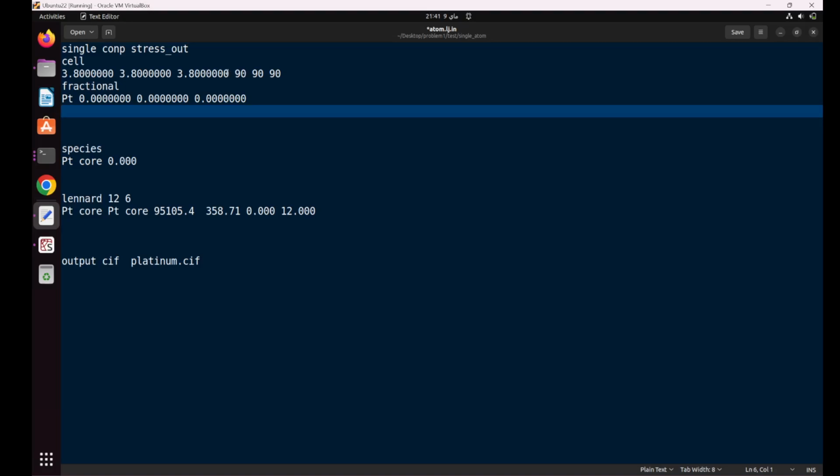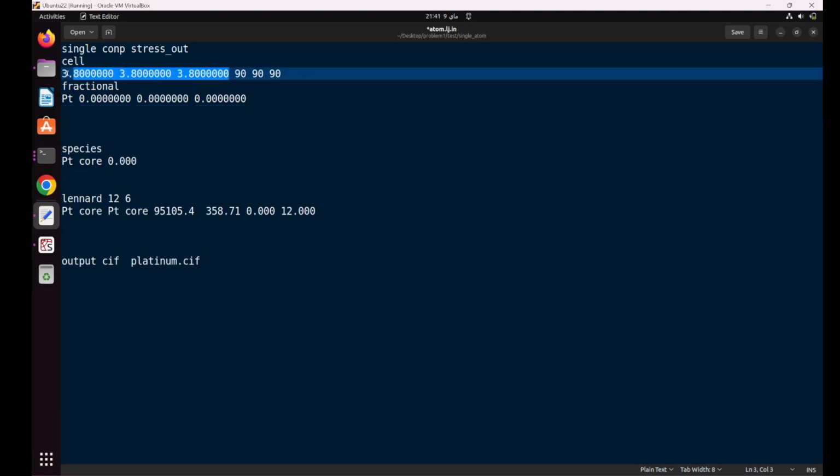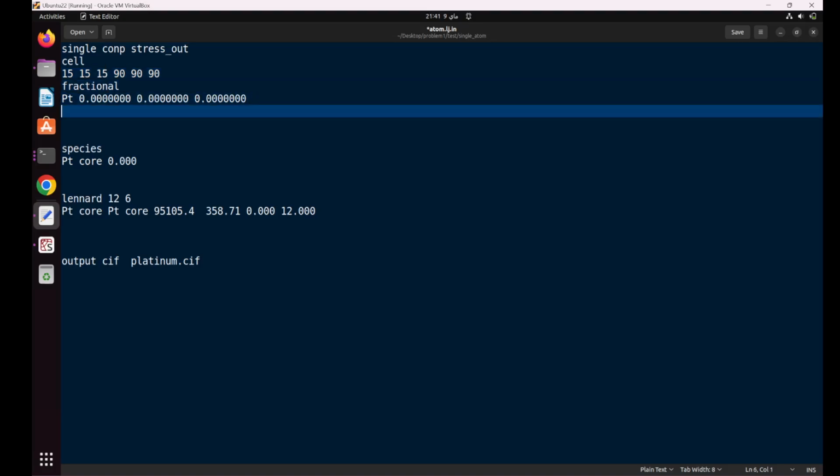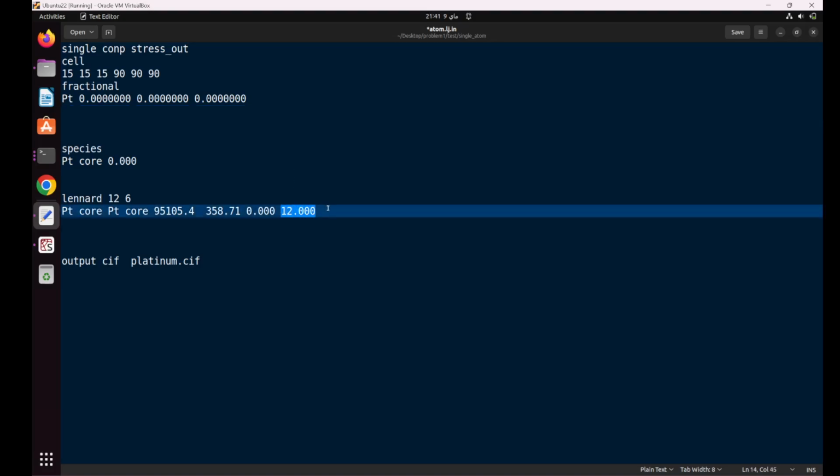I will make my simulation box very large to mimic the fact that it is really a single atom, so 15 by 15 by 15, for example. And there is a reason for why 15: I want any number larger than the cutoff of the potential, and this will be clear in a second when we discuss this further.